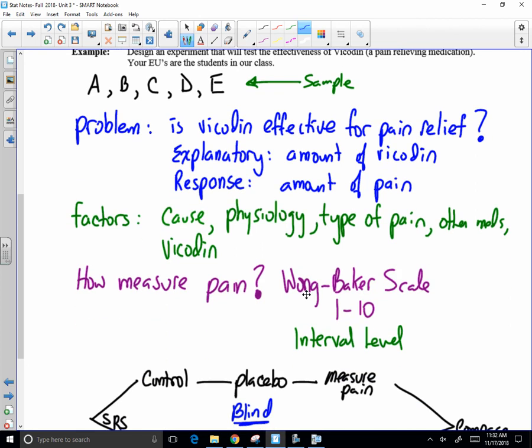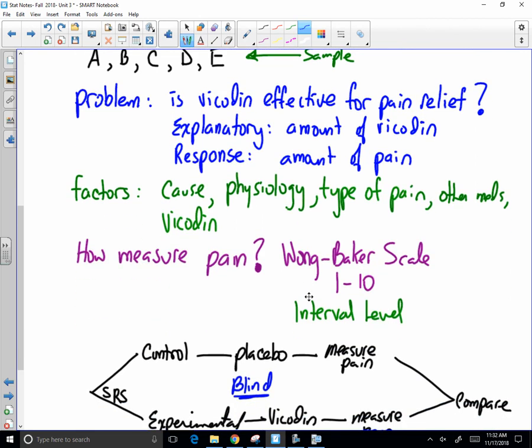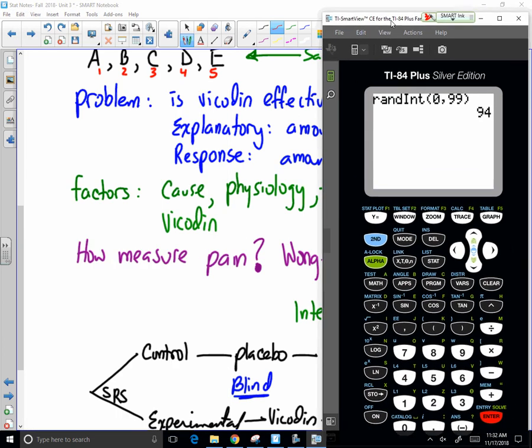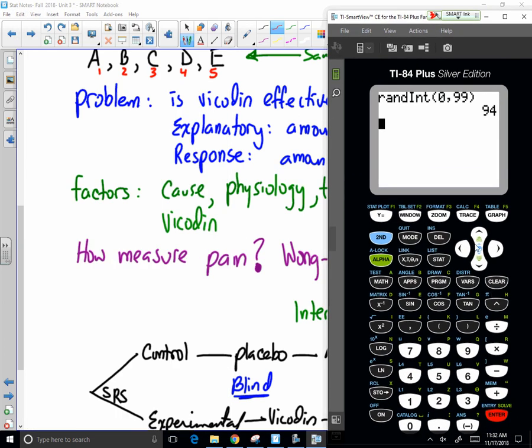So, random selection. I'm going to give each of these values a number: 1, 2, 3, 4, and 5. So we got Abe, Brian, Chris, Dave, and Esther. And I'll just go down the line.